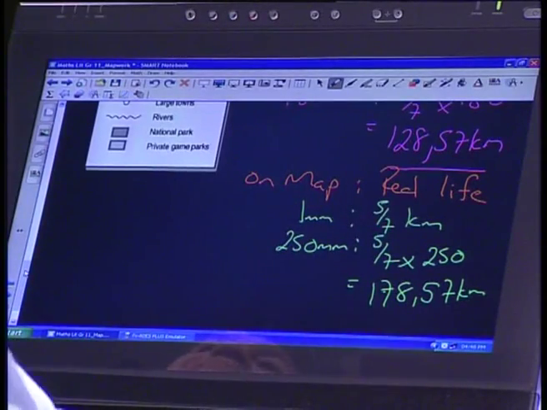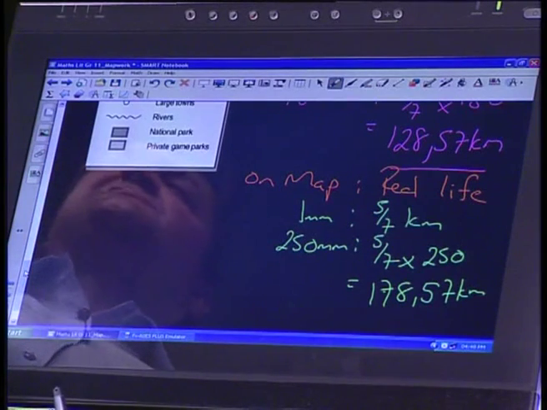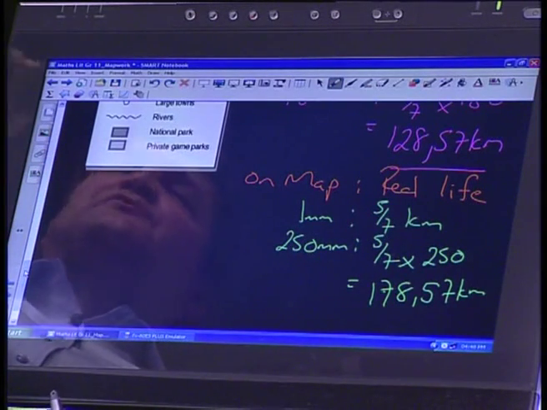178,57 kilometers. Here's a great question, and I'm just thinking about this right now as I'm talking. I think I'm going to give this to my grade 11s at the end of the year. I could actually say, what is the difference in kilometers between Ermelo and Manzini if I go by road instead of flying directly by aeroplane? And that's the only question I give them.